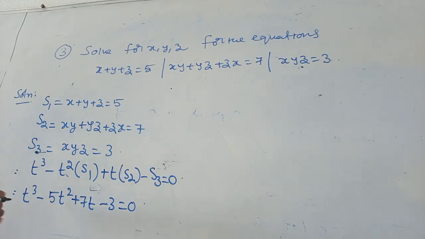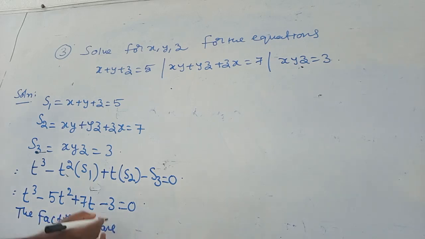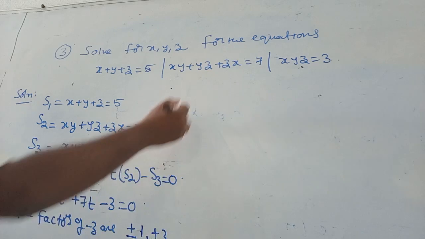We know that the constant term is minus 3, and by the integral root theorem, the roots are factors of minus 3, which are plus or minus 1, plus or minus 3.